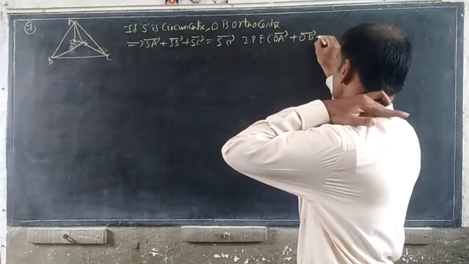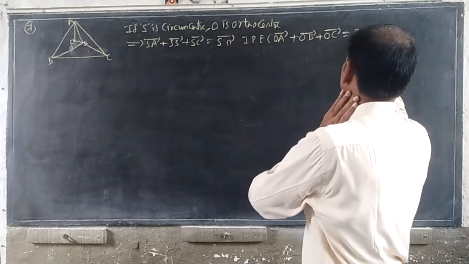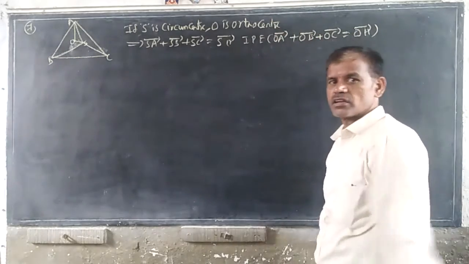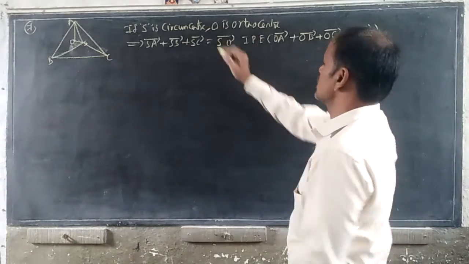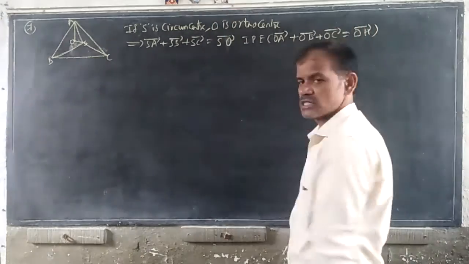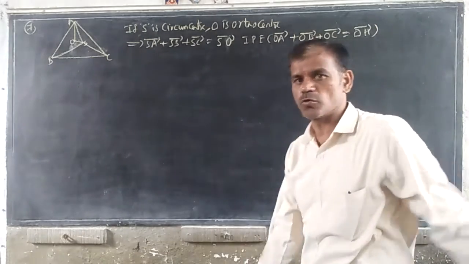So the formula in IPE is like this: OA plus OB plus OC equal to OH. Instead of S you write O. There we have written in IPE O, meaning here H, but in our material it is given SA plus SB plus SC equal to SO. Using the same formula, you can see the proof in your notebook.